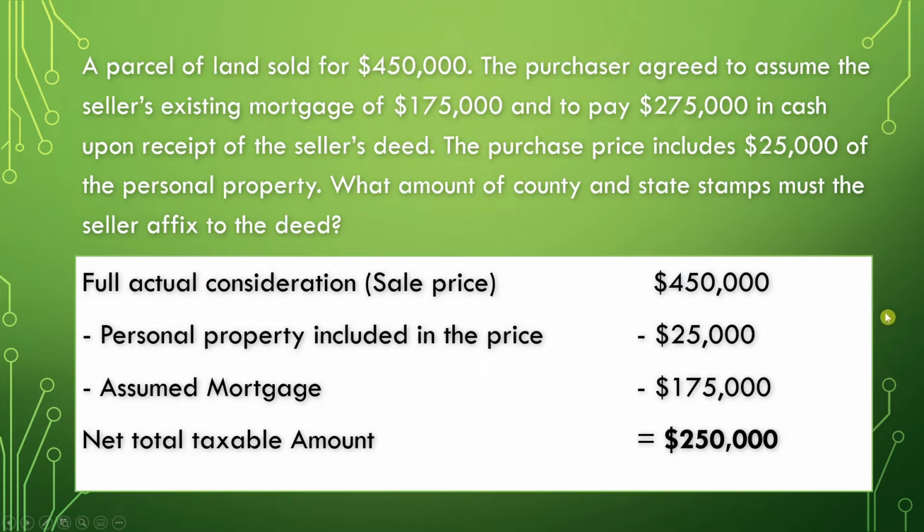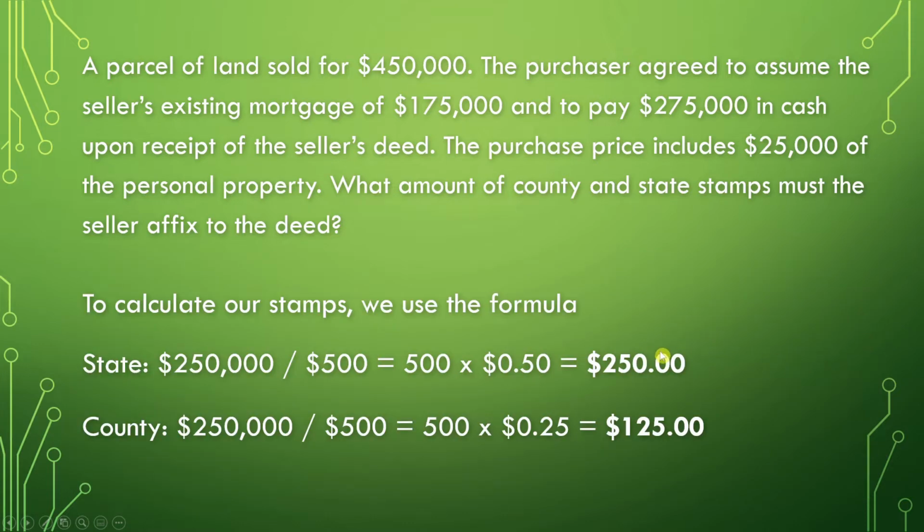So now we would calculate our transfer tax on the $250,000. You can actually pause the video right here and solve for this, and then continue to see if you solved it correctly. The formula for state is 50 cents per 500.